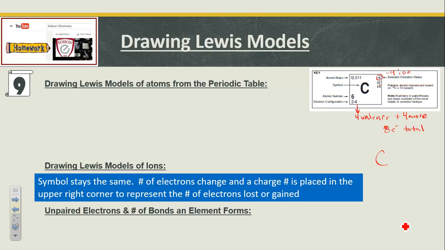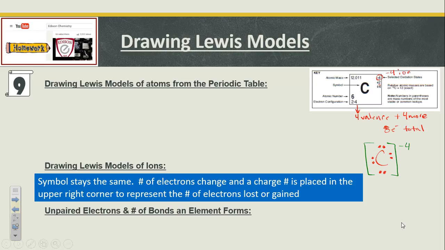And we'll follow the rules. We'll put 2 together at the top, and then we'll fill in 1 around each side, 2 maximum, until we hit the total of 8. Now the second part of this is that we have to show that this ion now has a charge. And so we put it in brackets and put the -4 charge that it has up in the top right corner. And that's how you do an ion.